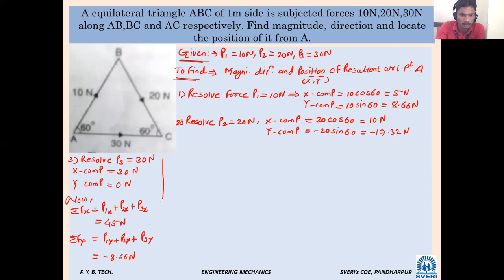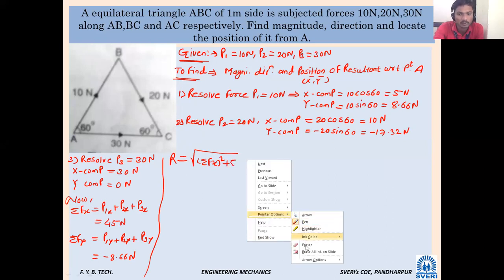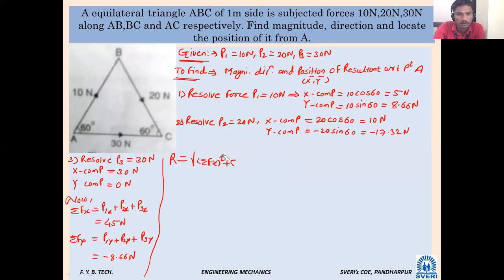If summation Fx and summation Fy are calculated, then R is equal to, what is the formula? Under root of summation Fx squared plus summation Fy squared.